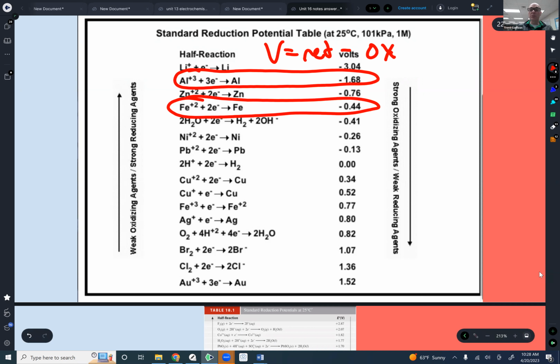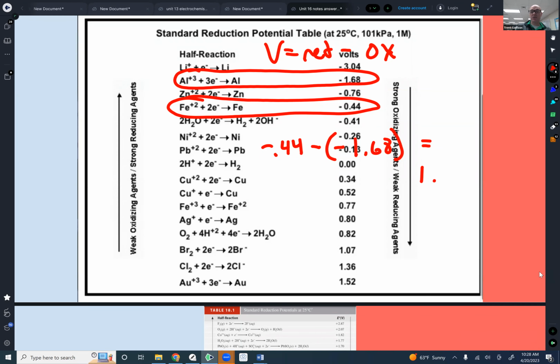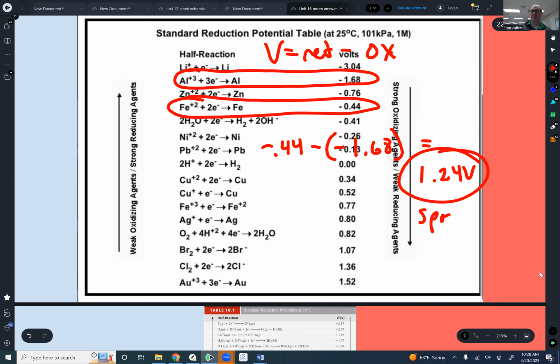My aluminum is going to be a big positive value, 1.68. So it's negative 0.44 minus a negative 1.68. That's going to make that into a positive. And so my voltage ends up being 1.24 volts. That is spontaneous.